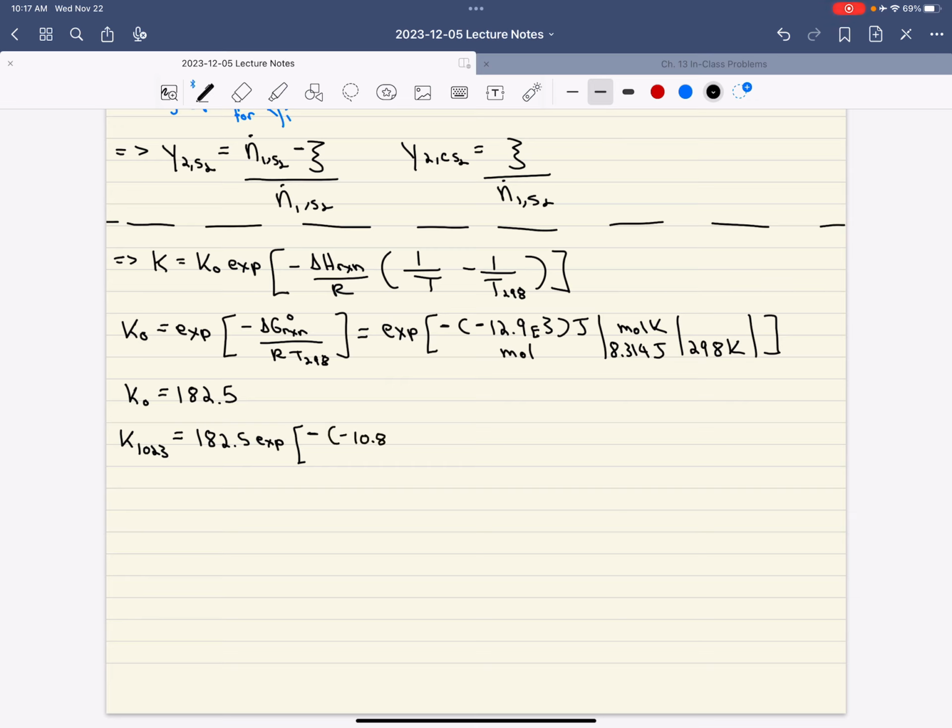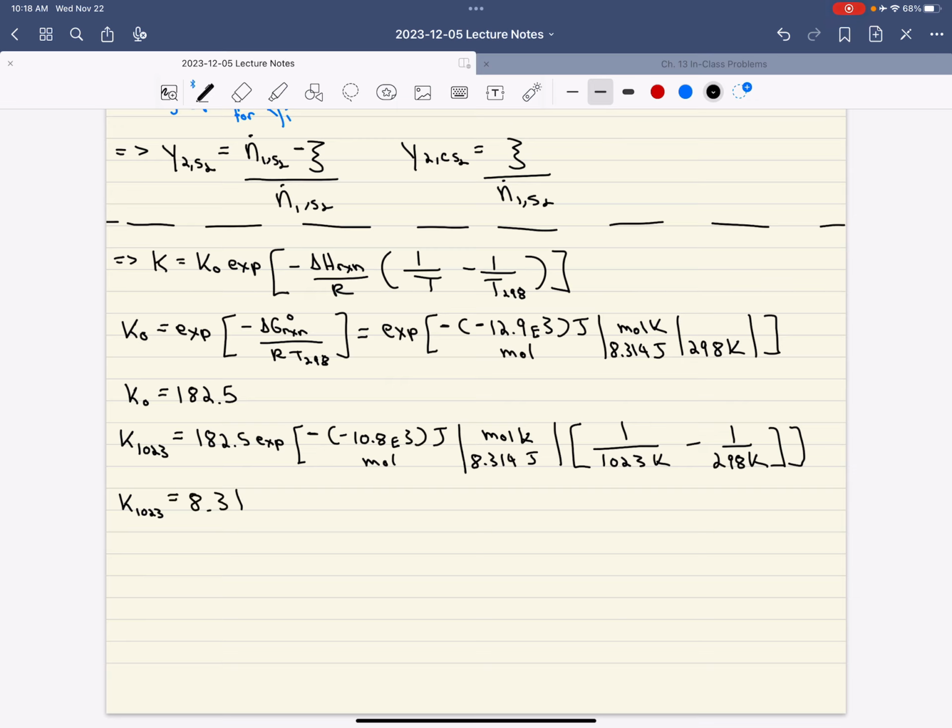Negative 10.8 e to the 3 joules per mole, over 8.314 joules per mole K. Then we're going to put 1 over 1023 K minus 1 over 298 K. Okay, and what we get is that our K at 1023 is equal to 8.31.